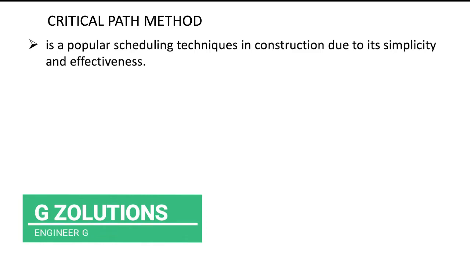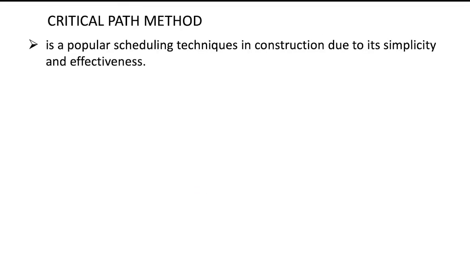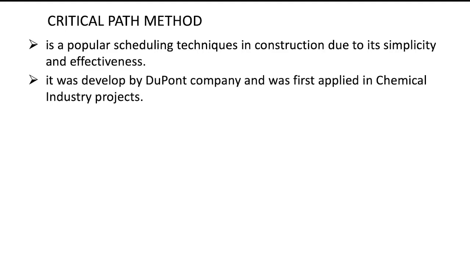Actually, this is a scheduling technique in construction, and it is very popular because of its simplicity and effectiveness. This was also developed by the DuPont company, and this company applied it first in chemical industry projects.